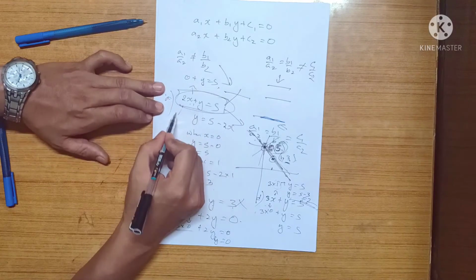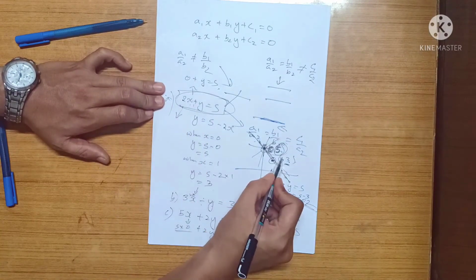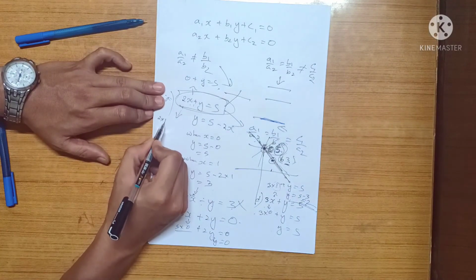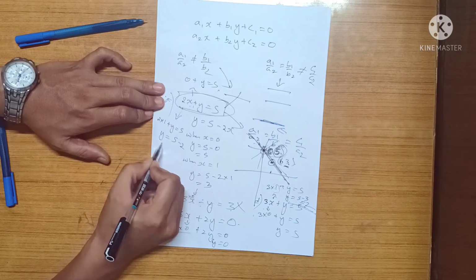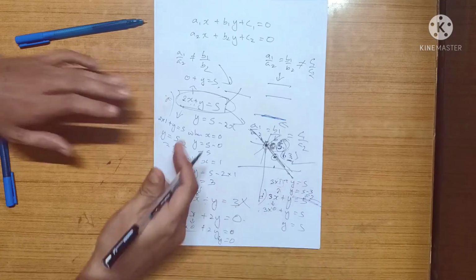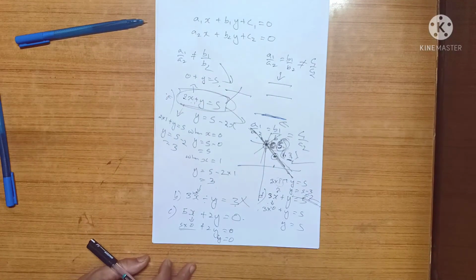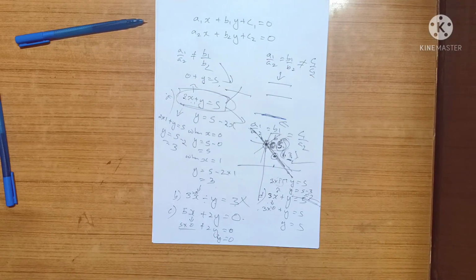Instead, if I put 1 for x in 2 into 1 plus y equal to 5, y equal to 5 minus 2, which is 3, which is exactly this. So this will be the equation. Got it? So that's it with the graph.